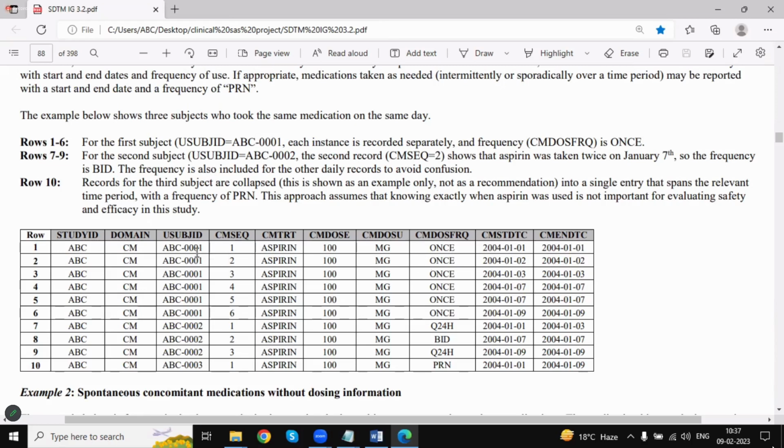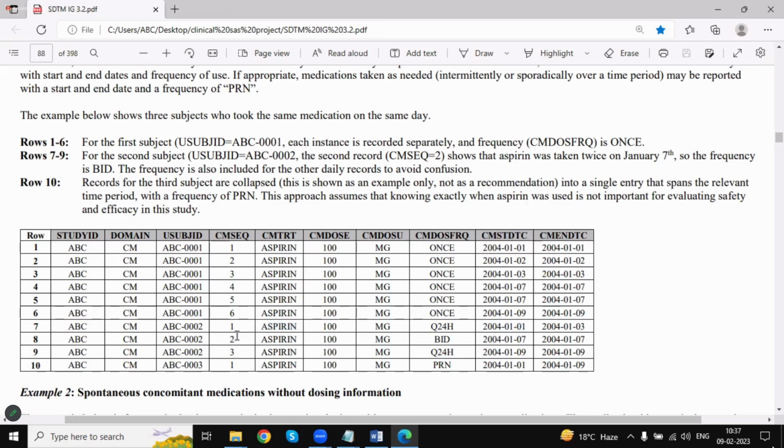Okay. So subject 001 is taking an aspirin tablet, 100 mg, frequency once per day. Then start dates and end dates: first, second, third, and seventh, ninth. Subject 002 is also taking aspirin tablets, from first to third.